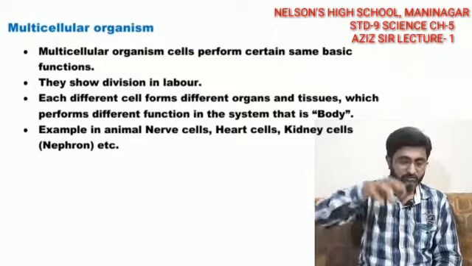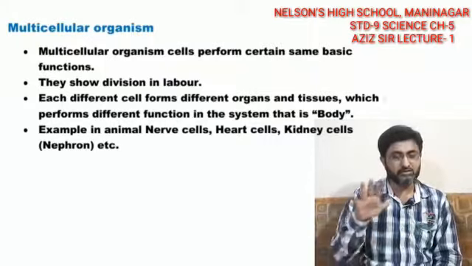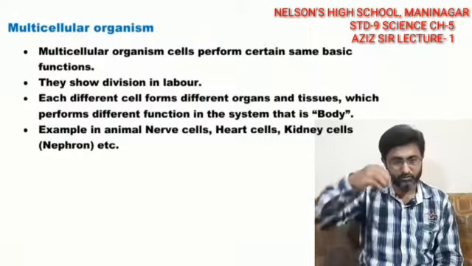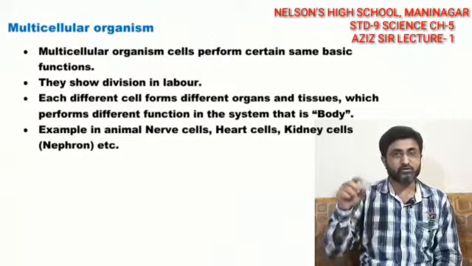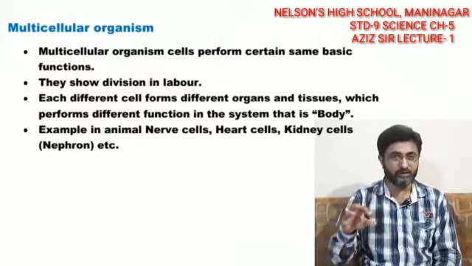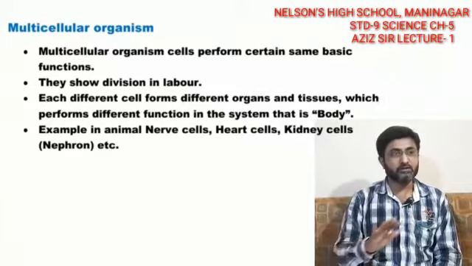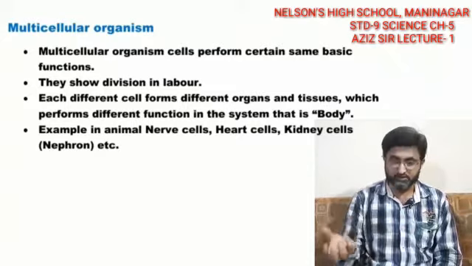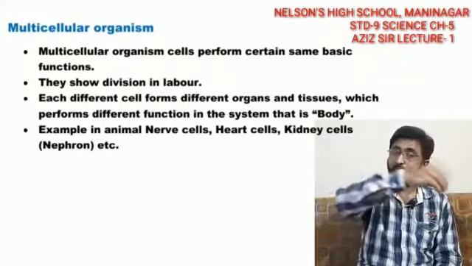That means different types of such organs constitute an entire system, and this system is called a body. So the body works successfully only because each organ works. If any organ fails, like kidney fails or heart fails, even in plants, xylem and phloem are different types of cells which are present, and if they don't function, the entire system collapses. So these organs are formed from tissues, and tissues are made up of cells.